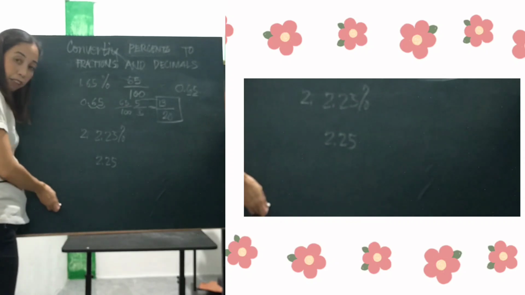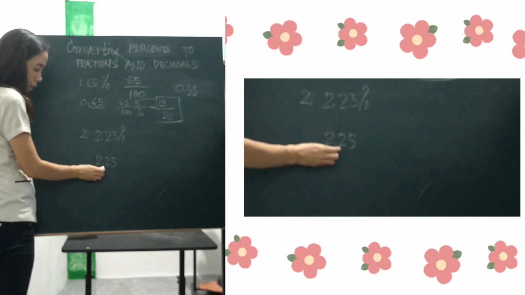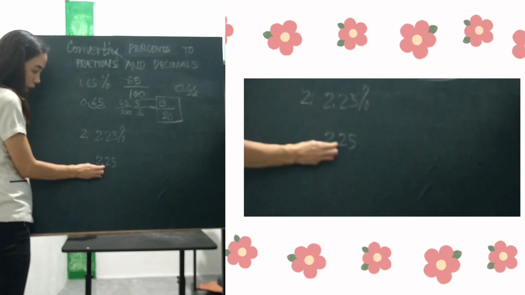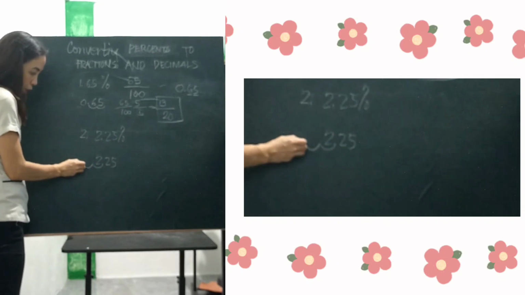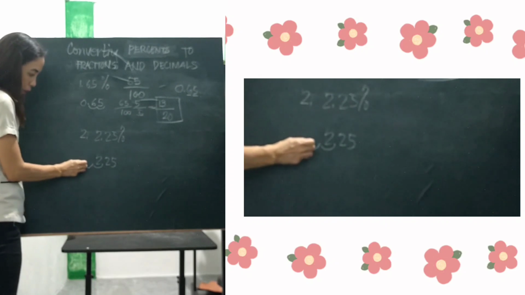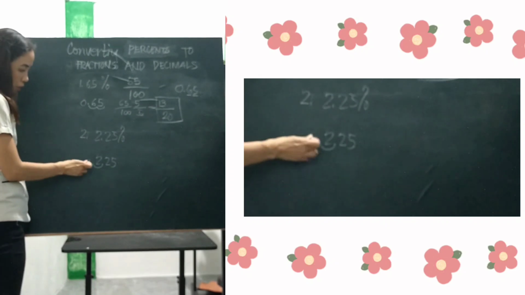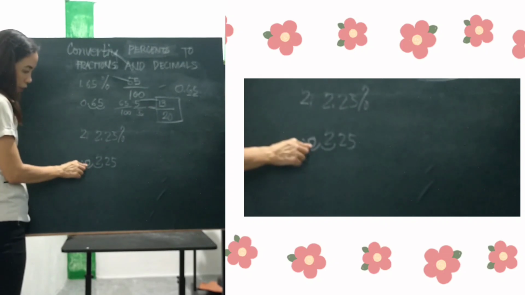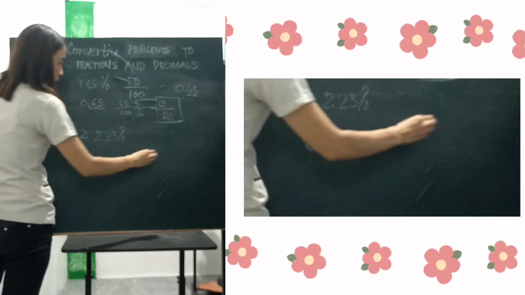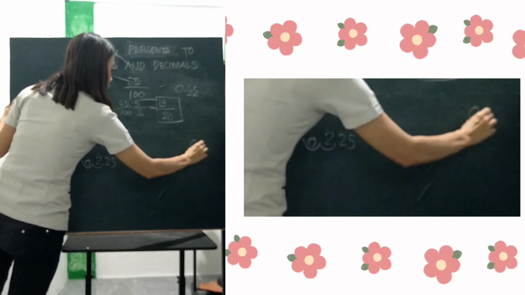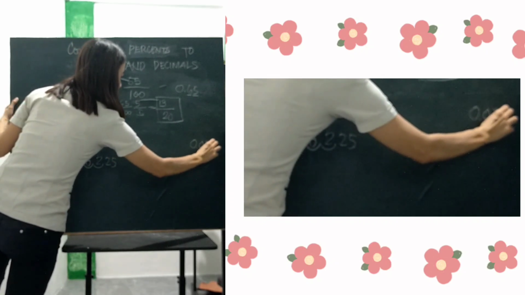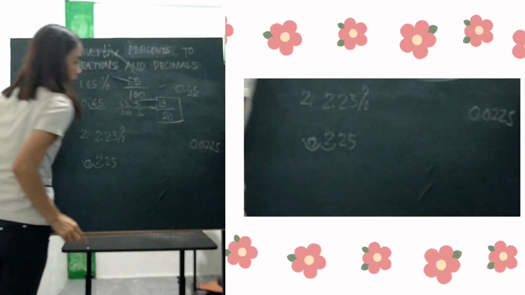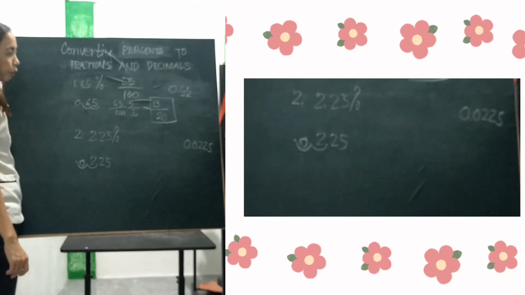Move the decimal point 2 places to the left. 1, 2. Put a zero in front. So, your decimal will be 0.0225. Okay.